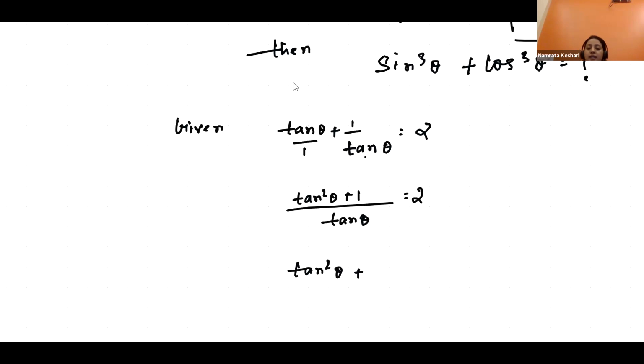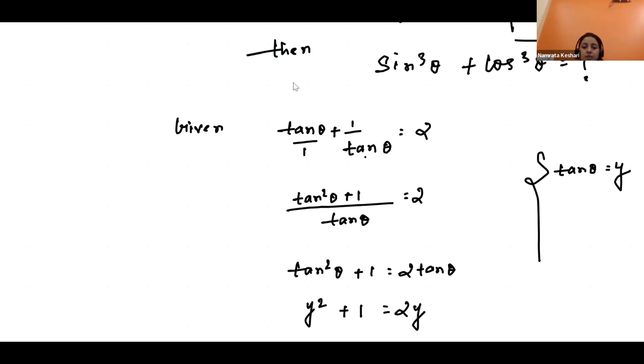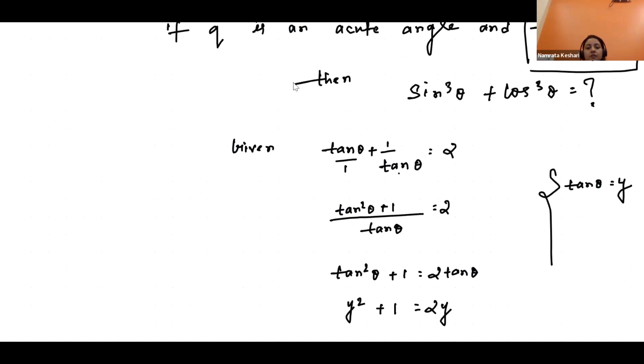For now, just write tan theta as x or y. We are not making any drastic change, just for a few steps we write it as y. So this became y square plus 1 equals 2y. Now does it look like a quadratic equation? Yes or no?